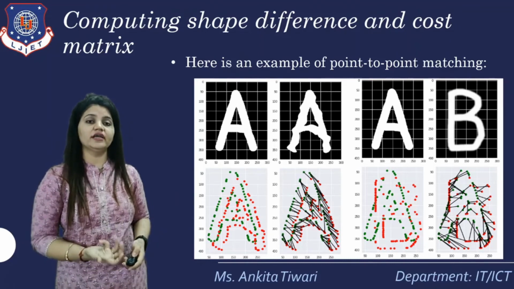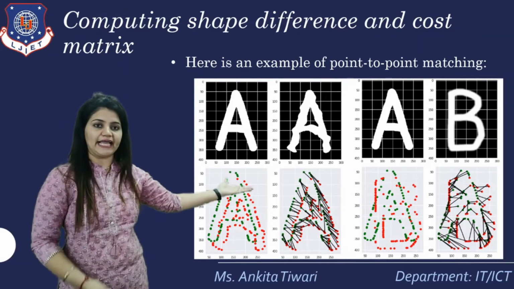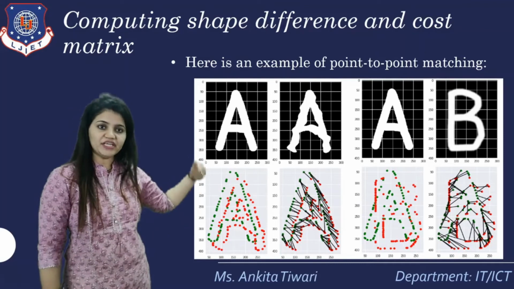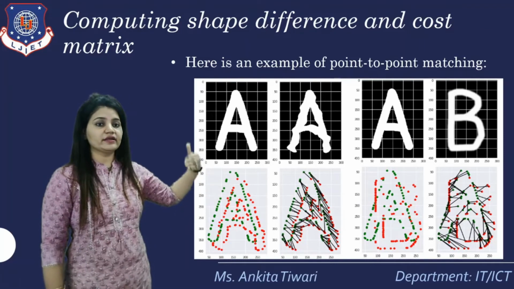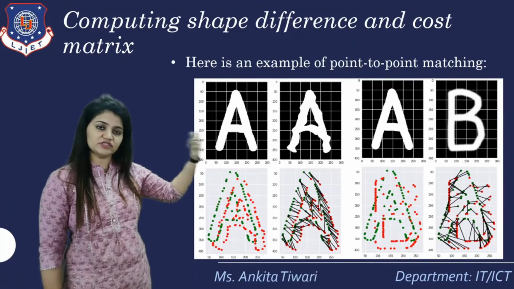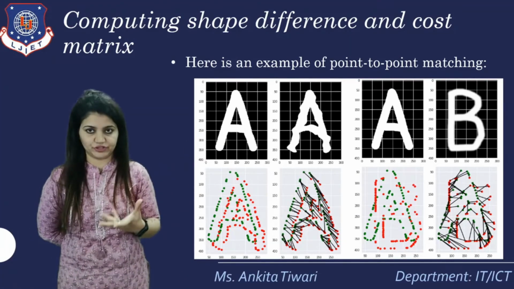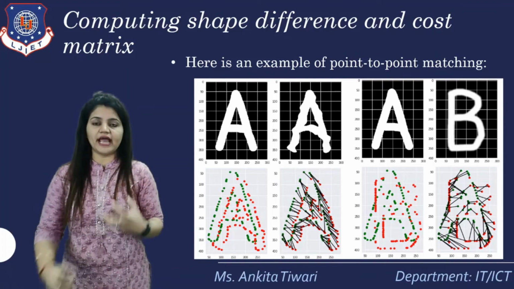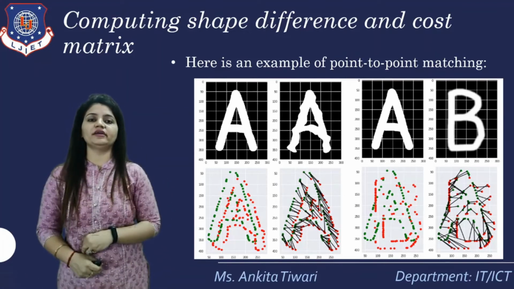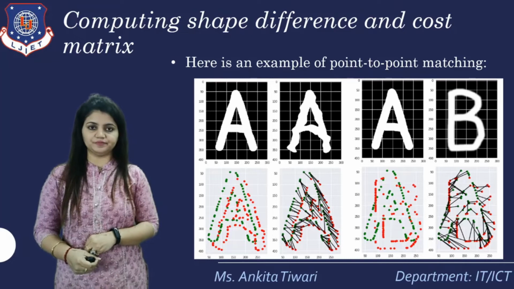As you can see in the third diagram, A and B are superimposed. In the fourth diagram also, A is there and B is superimposed on it. So how this image is captured, how the values are taken, and how this point or pixel plotting is placed.